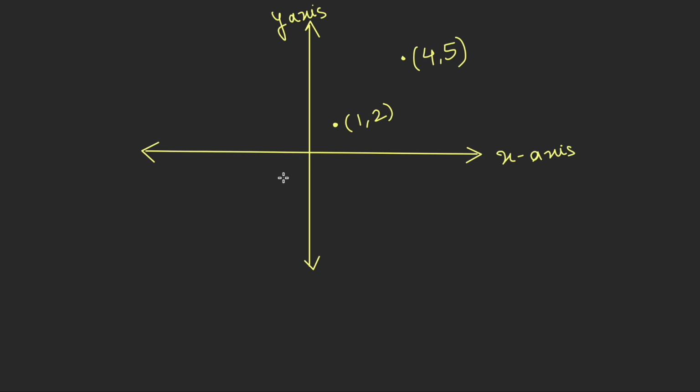Any point on a graph is written in the form x followed by y. It is never written as y followed by x. This is completely wrong. Now I'm assuming that you already know what the Cartesian plane is and how we get and write these points. All of that is already done. So now let's move on.